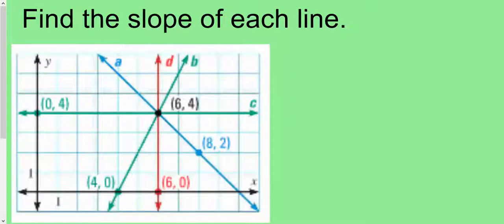So I'm going to do an example of each one of those, find the slope of each line. Let's start with the positive one, the green one. So we could do rise over run, or you can apply the formula. I'm going to apply the formula y2 minus y1 over x2 minus x1.